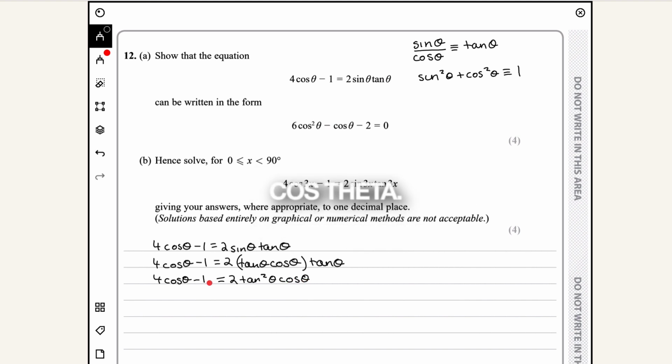So here I've got a cos theta, but I've also got a tan squared theta. So how am I going to deal with that? Well, I'm going to use a combination of this identity here and this identity here.